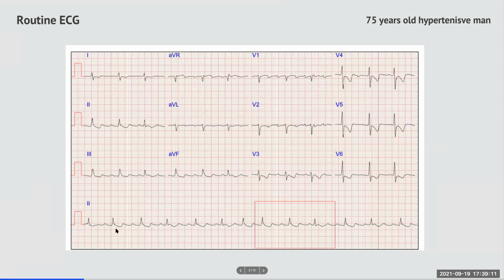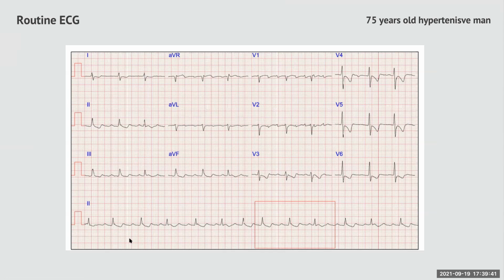So what comes to mind immediately if there is no pattern and the rhythm is irregular? Maybe atrial fibrillation, right? The irregularity is irregular itself. What is the most common irregularly irregular rhythm that you see?